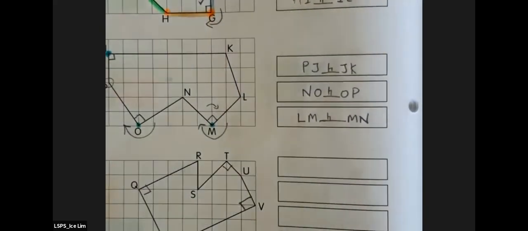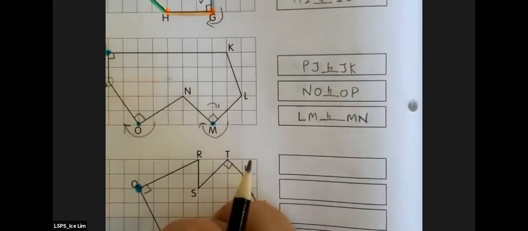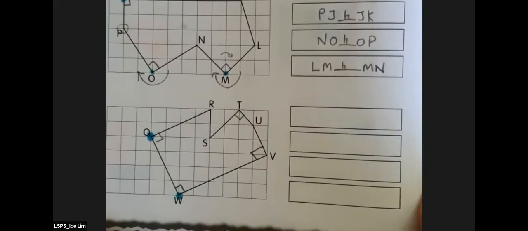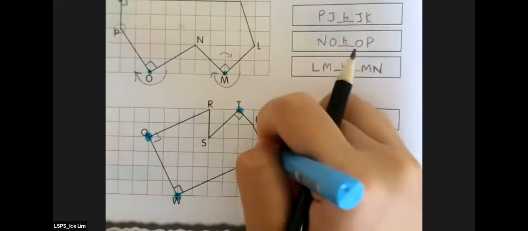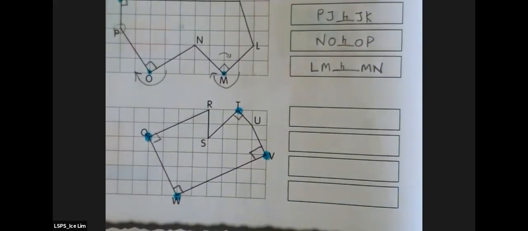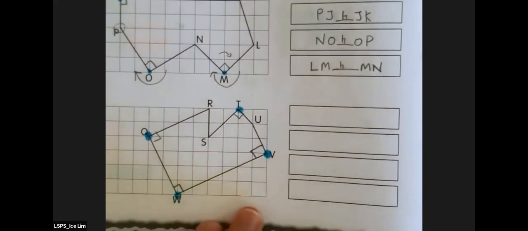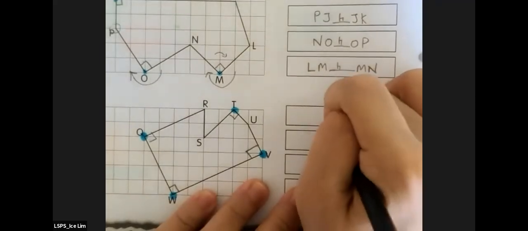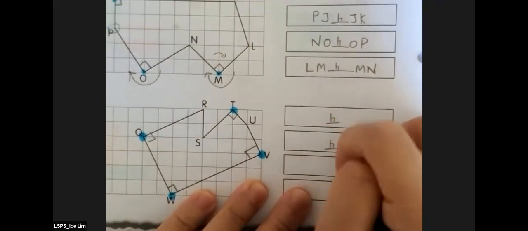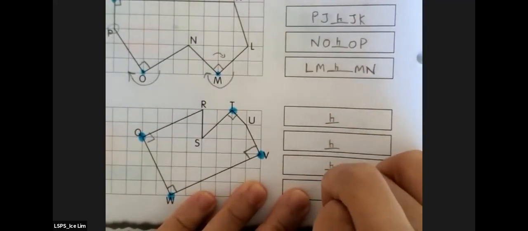Is it okay? So once you're able to spot where the right angles are, then you get the first step done. Okay? So I have my symbol, and my symbol, and my symbol.